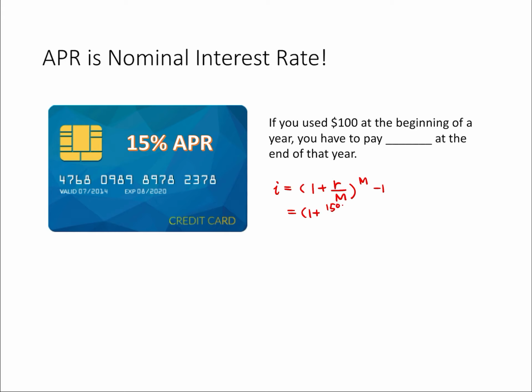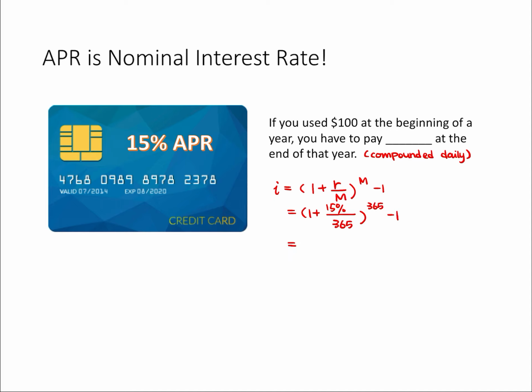And here, r is 15% because it's compounded daily. So number of periods a year will be 365.